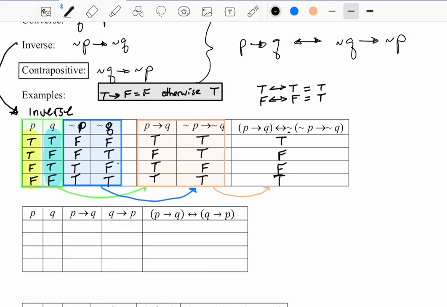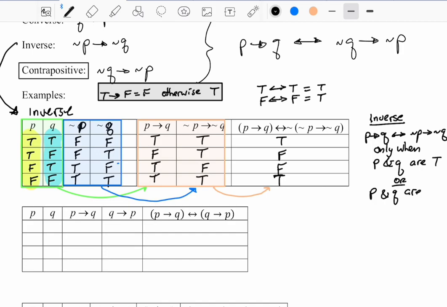All right. So we can now conclude for an inverse, we have P implies Q is going to be the same as not P implies not Q only when P and Q are both true, or P and Q are both false.